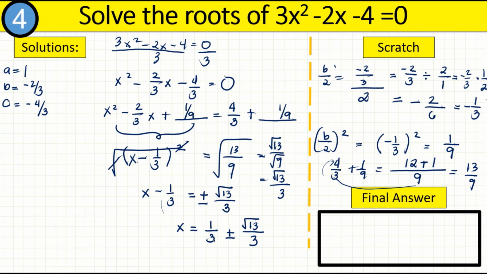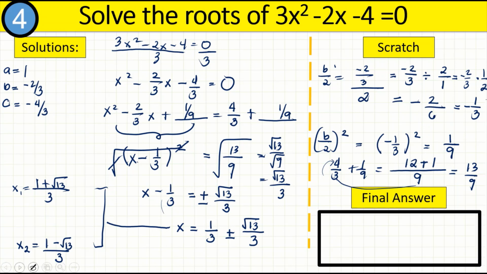And since pareho tayo ng denominator, pagsamahin na lang natin ang numerator. And paghiwalayin natin na yung isa pinag-plus and yung isa pinag-minus. So, x sub 1 is equal to 1 plus square root of 13 over 3. Yung isa, x sub 2 is equal to 1 minus square root of 13 over 3.